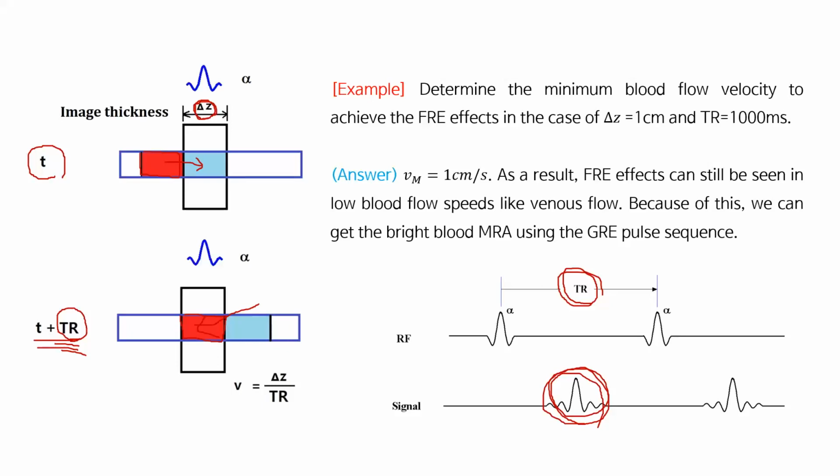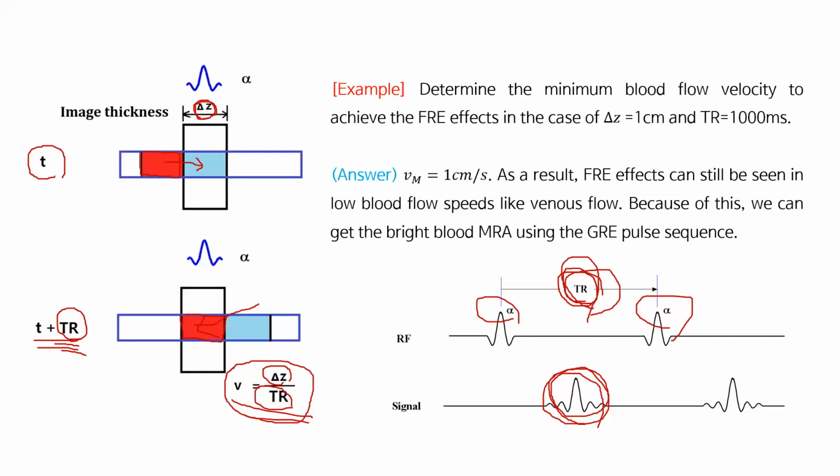So the condition of the blood velocity is given by this relation. Delta G is the image thickness and TR is the pulse repetition time. So we check the MR imaging during this time interval TR.